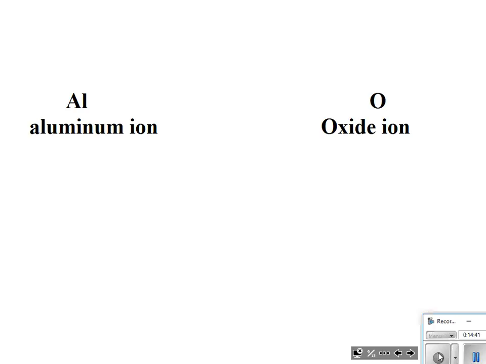Let's look at aluminum. How many valence electrons does aluminum have? 3. So when I draw my dot notation, I'm going to have my 3. Oxygen. Okay, how many valence electrons does oxygen have? 6.